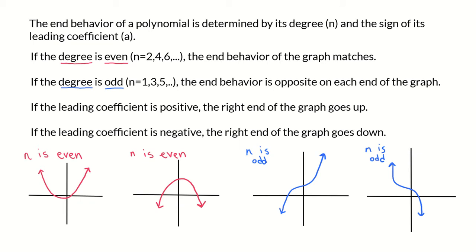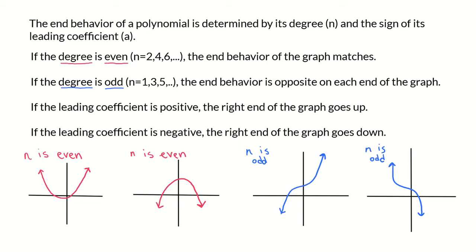So with each of these cases, there is a way to determine whether we have both ends up or both ends down, as in these two cases. And that is using A, the leading coefficient.